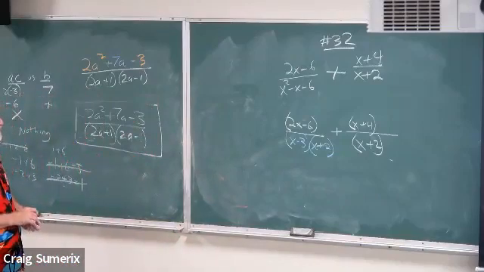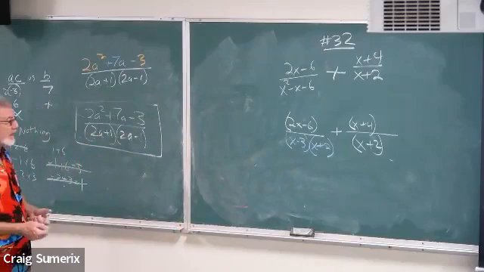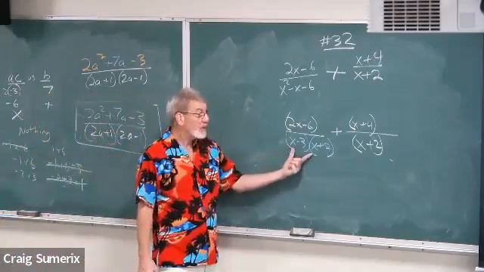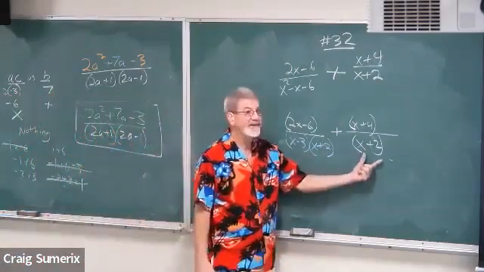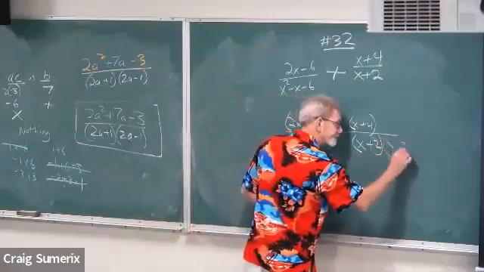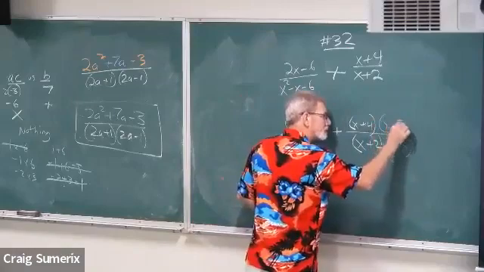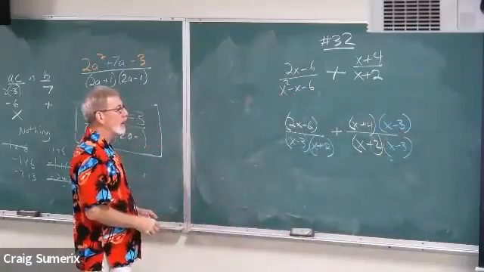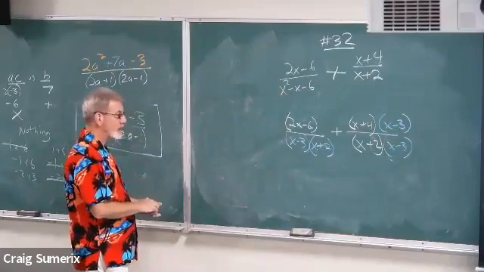So now what's missing on the right hand? Well, is there anything missing on the left fraction on the bottom? No. Is there something missing on the right? Yes. x minus 3. Are the bottoms the same now?